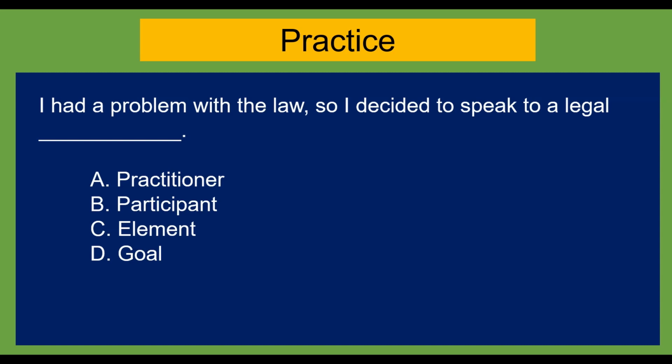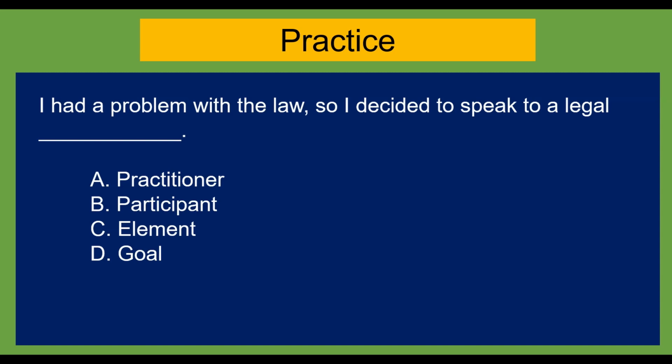I had a problem with the law, so I decided to speak to a legal practitioner, participant, element, goal. In this one, we need a noun. All 4 choices are nouns. So focus on the meaning of the sentence and the meaning of the choices here.